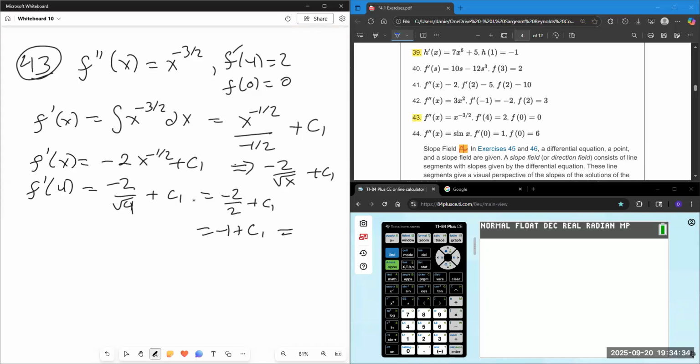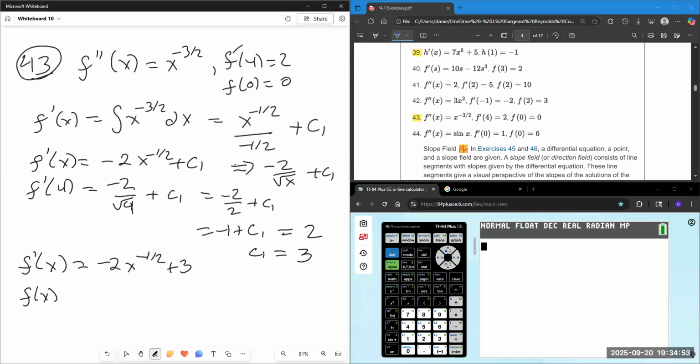And that needs to be equal to 2. So C1 needs to be equal to 3. So f prime of x is equal to negative 2x to the negative 1/2 plus 3.